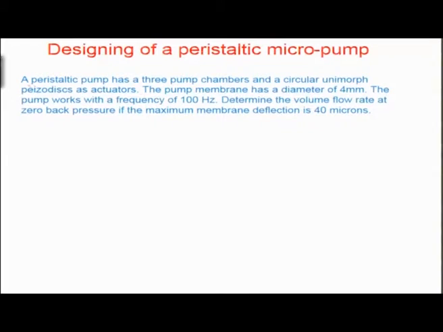There is a peristaltic pump having 3 pump chambers, and there is a circular unimorph which is let us say piezo discs and actuators. In this particular case, they bend and deflect into the chamber over which they are mounted, and so such a bending would create a volume outflow of the confinement of the chamber over which this unimorph is being stationed, just as is being represented here.